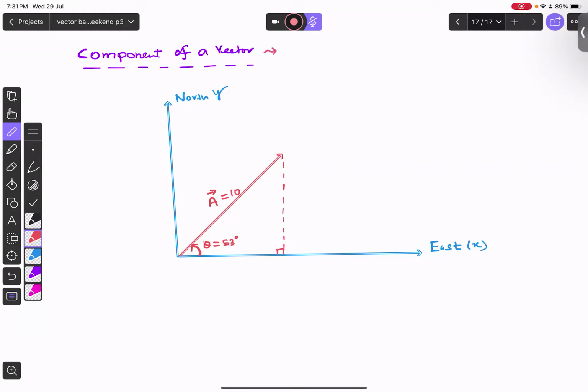How to find that is one thing, but the meaning is that it gives us how effectively the vector acts, or the effect of the vector, in that direction.